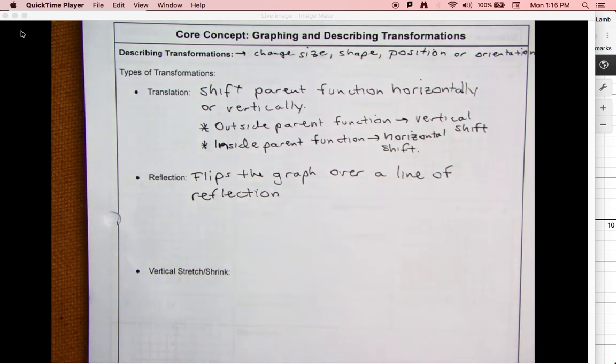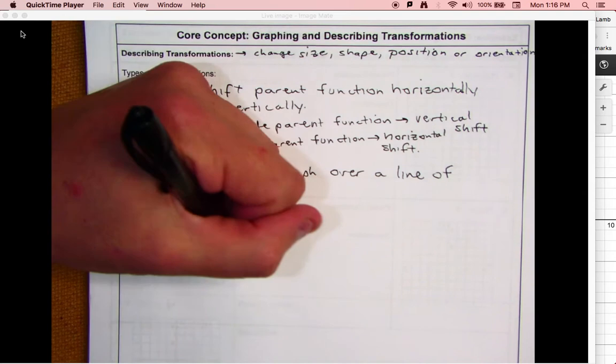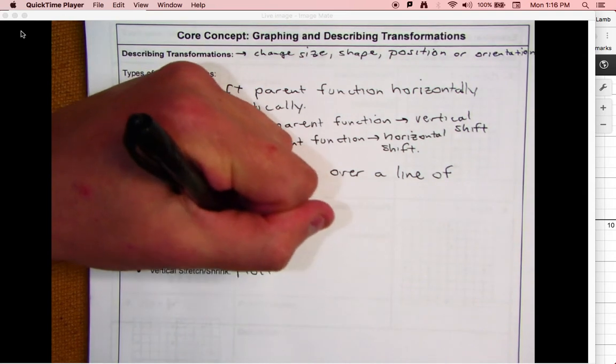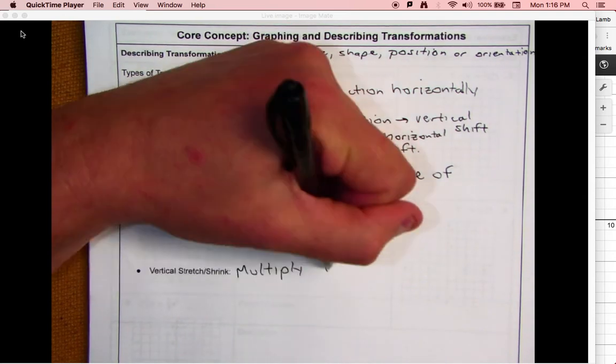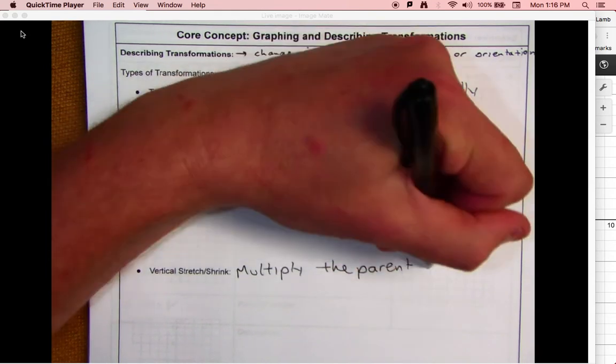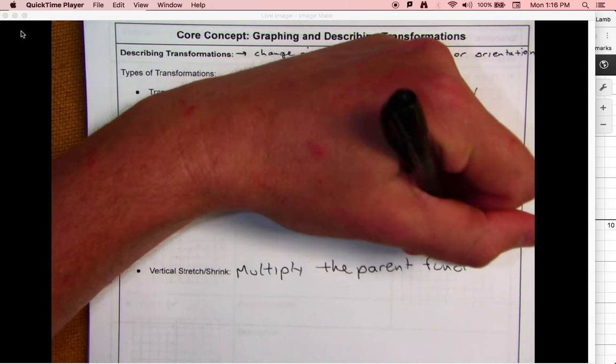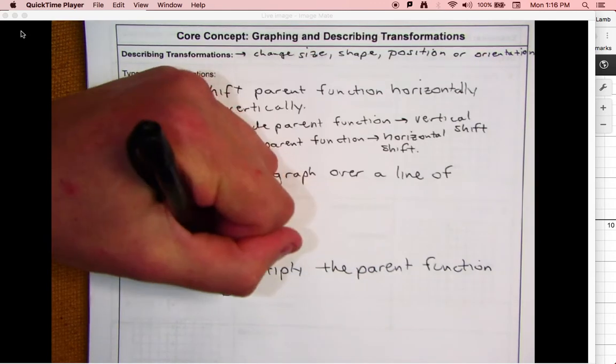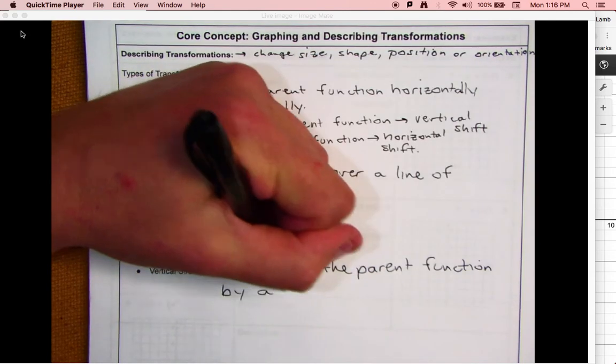Basically the idea behind a vertical stretch or shrink is you multiply the parent function by a factor.